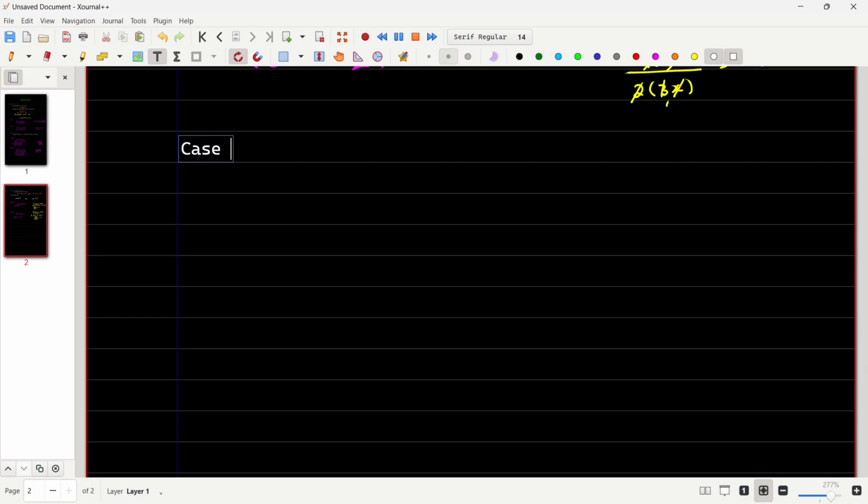So case 4, and this is difference of squares. All right, we're going to put that in blue, and then we're going to start here.